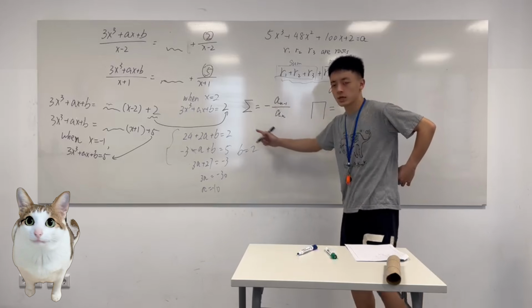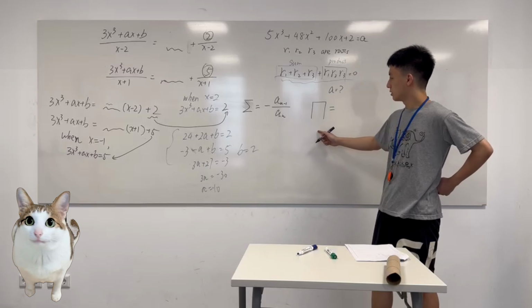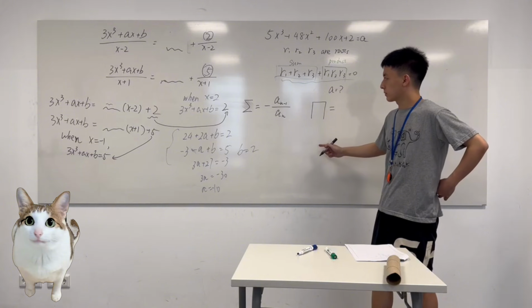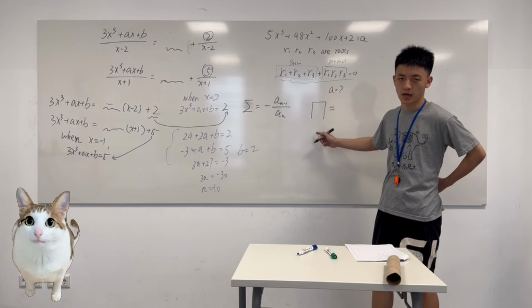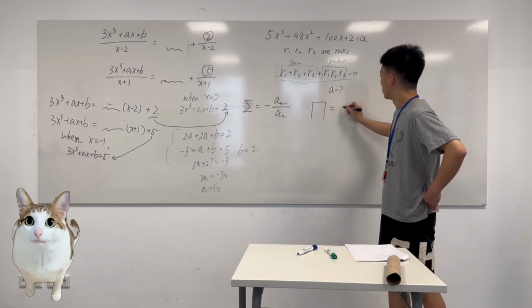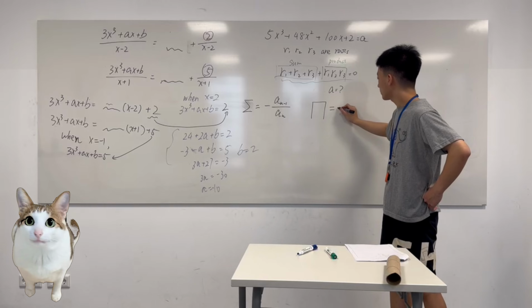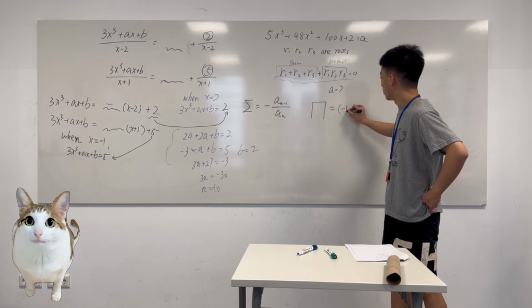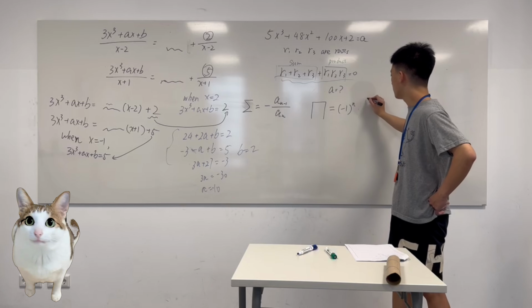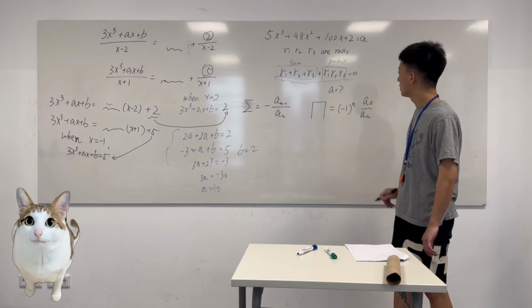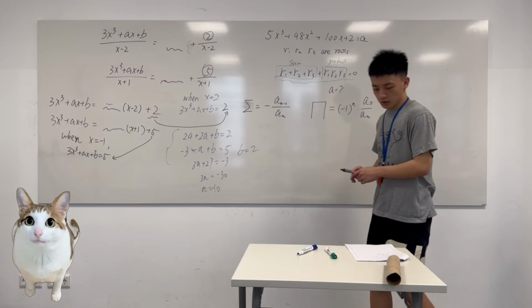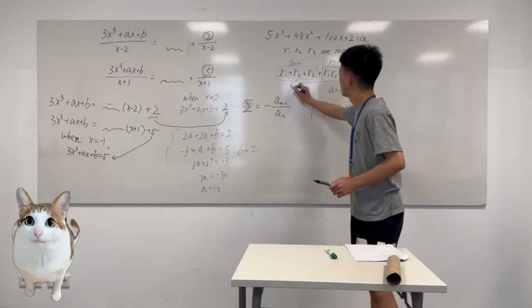This sign is sigma. This sign is capital pi, which is equal to minus 1 to the power of n times a0 over an. So let me show it.